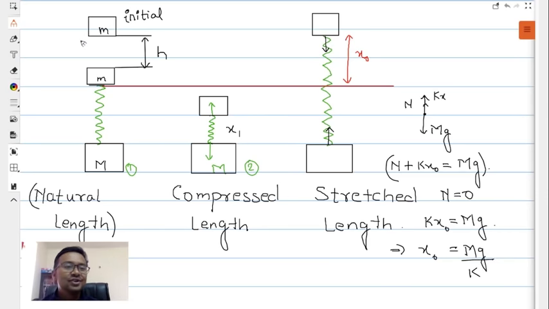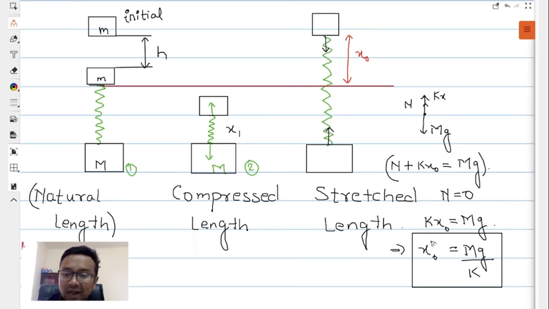Okay guys, so this is the formula for the extension in the spring that is going to allow the bigger block to lose contact with the ground.